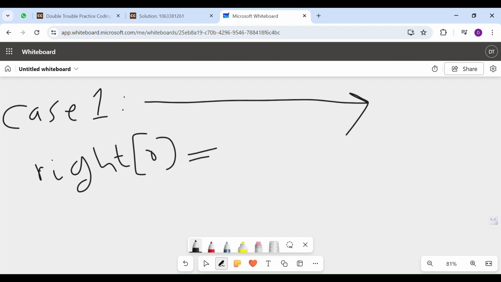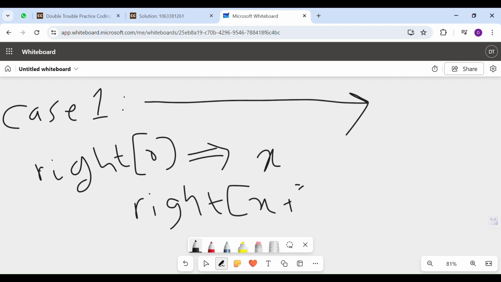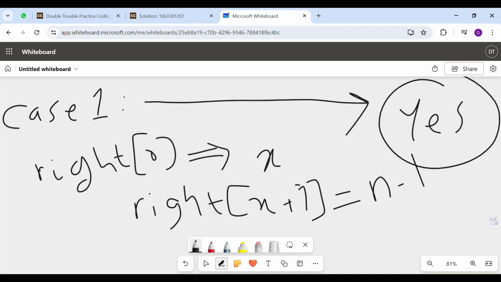Whichever value this is going to, suppose x, then if I can activate the x ball from 0, next I have to check right of x plus 1. If this is equal to n minus 1, that means I can reach my last ball from this x plus 1th ball. And that means in two right moves I have reached the final area. So the answer is yes.